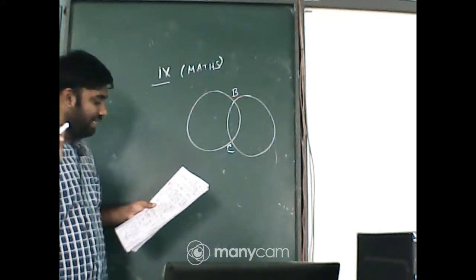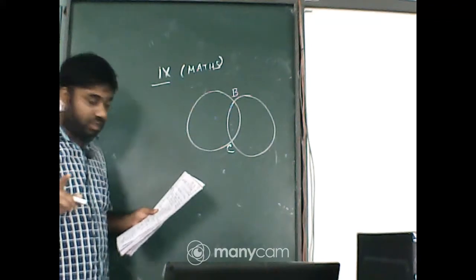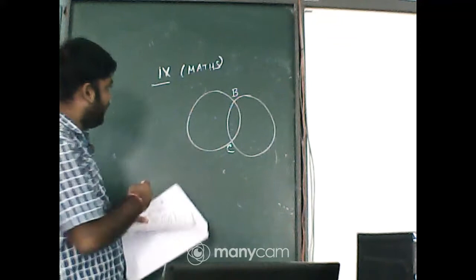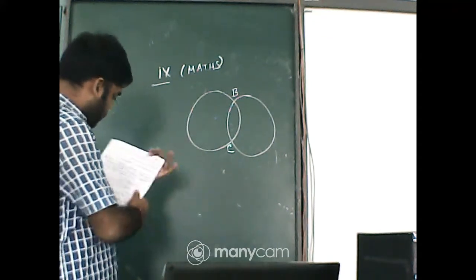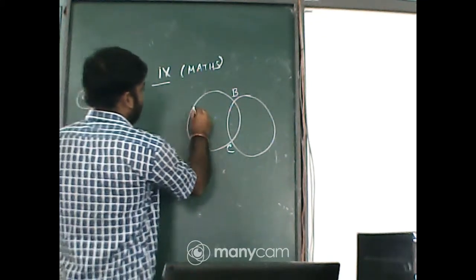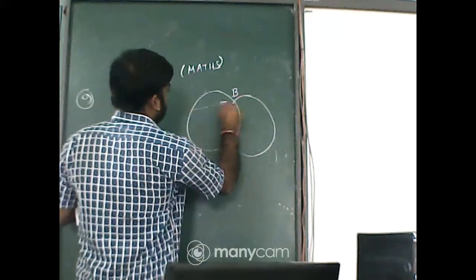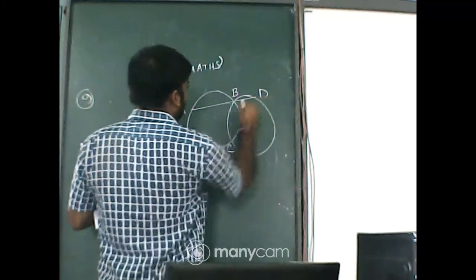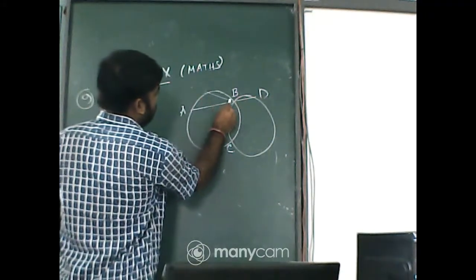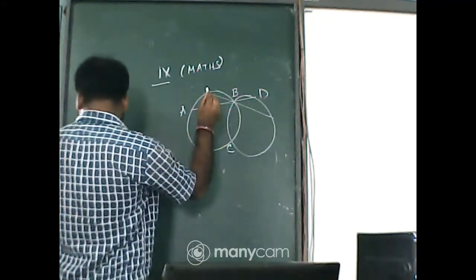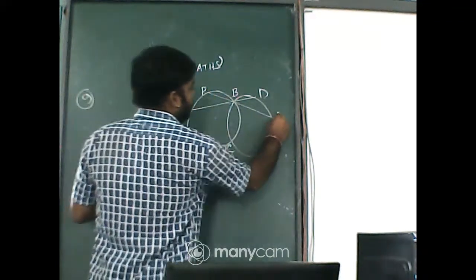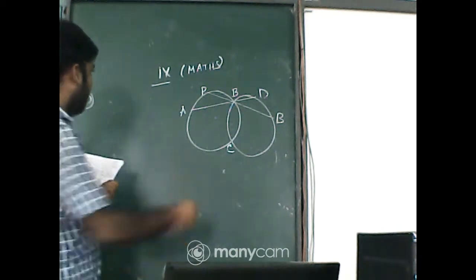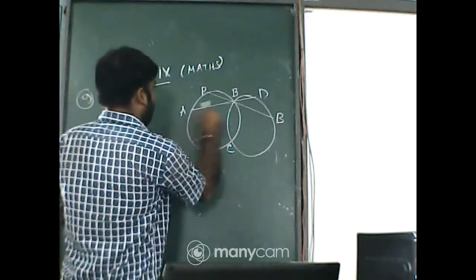Okay. Now two line segments ABD and PBQ are drawn to intersect the circle ADPB.